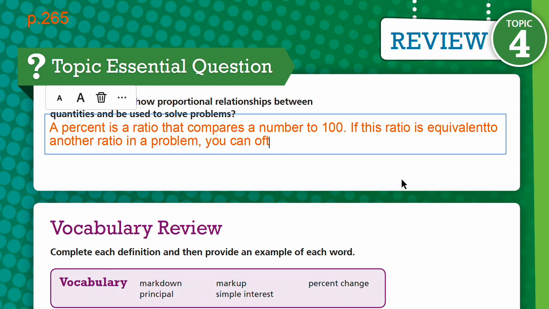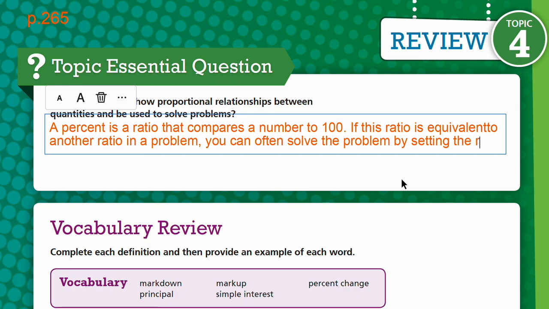Well, what kind of word problems did we look at in this topic? So we looked at a lot of different types of word problems, right? We looked at problems that have discounts and figuring out the prices with a tax or a discount. And then we also looked at simple interest.